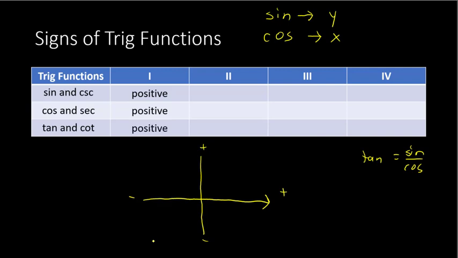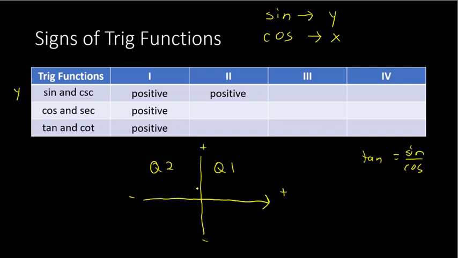Now what about quadrant 2, which would be up here in the top left corner? If you, again, think of sine as your y value, well, if you're in quadrant 2, y is positive, right? If it's above the x-axis, it's positive. So y, the sine, and cosecant, the inverse, would be positive.